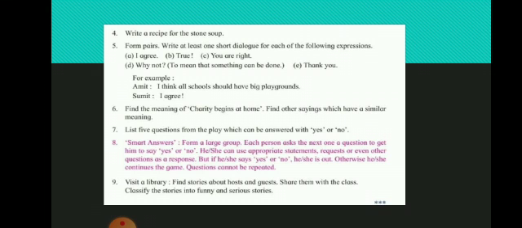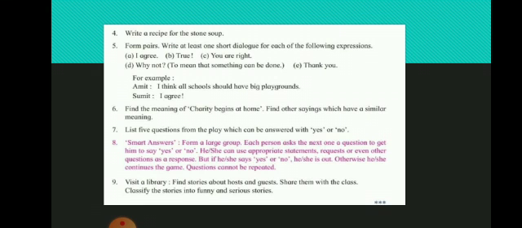Next is the last expression, thank you. Here you can say anything. Like one friend is saying, here are the English notes you wanted. The other friend is expressing thanks by saying thank you. So in this way, children, you have to form pairs, frame the dialogues and use these expressions given.